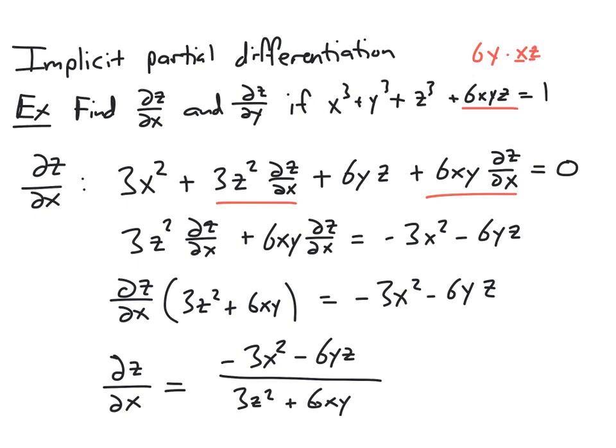And so this is del z del x. If we wanted to find the slope of a tangent line in this direction, we could substitute the coordinates for the point x, y, z that we're interested in into this equation and get that slope.